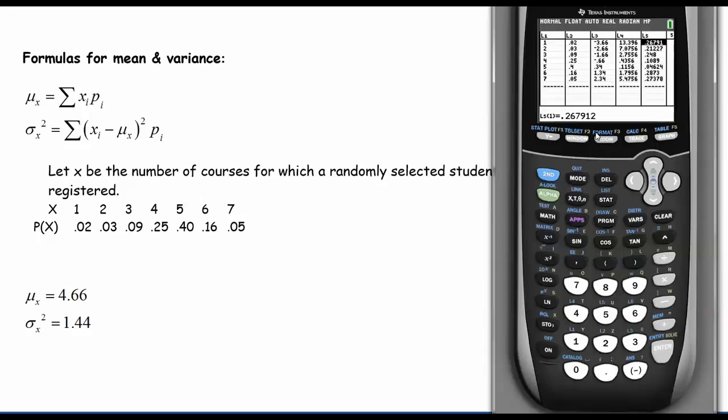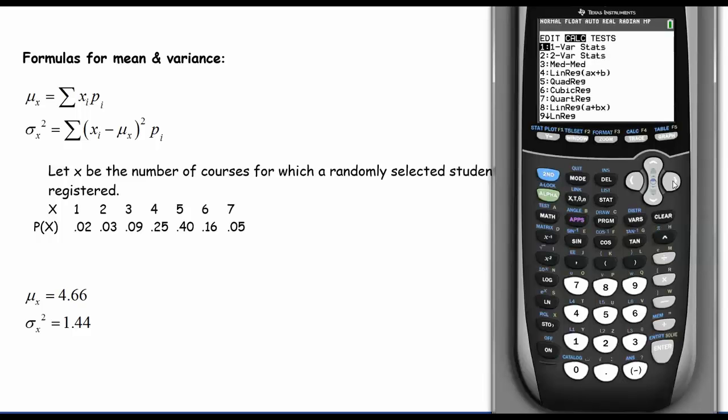I want the mean of this distribution, so that's a 1-var statistics analysis. I want to calculate 1-var stats. Again, this should be a new thing for us. List 1 is where I have the main observations, but I want to tell the calculator this is how often these things show up, and that we get from list 2. Then I hit calculate.